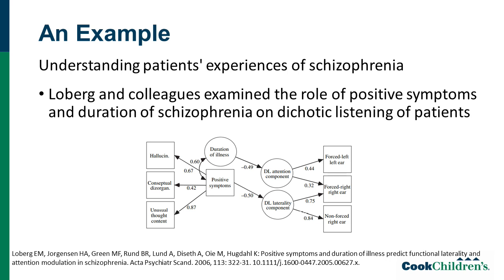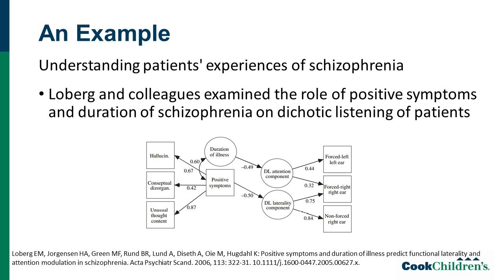You can see in the model that all the path coefficients to the predicted latent variables are moderate to high. They range from 0.32 between the attention component and forced right ear to 0.87, which is the relationship between positive symptoms and unusual thought content.